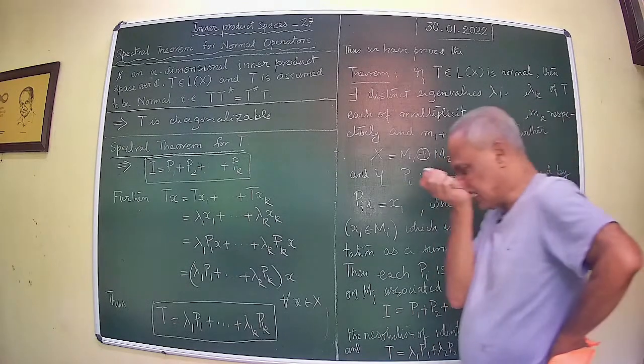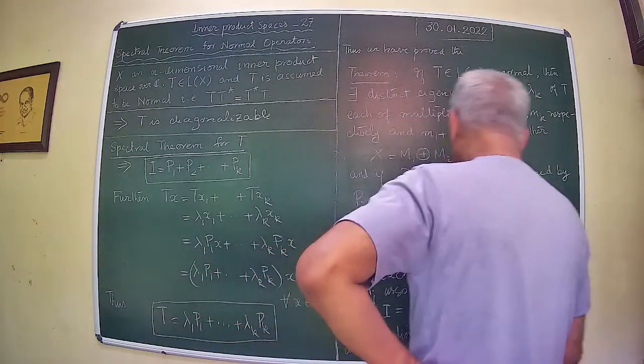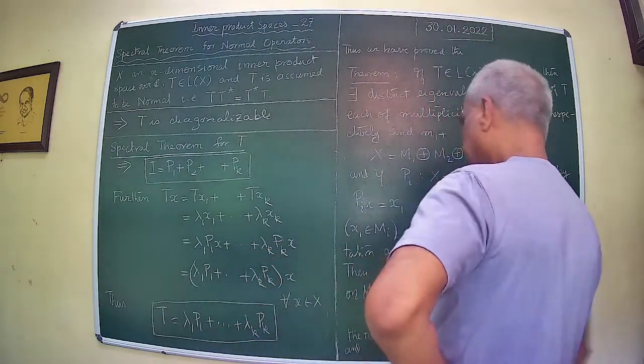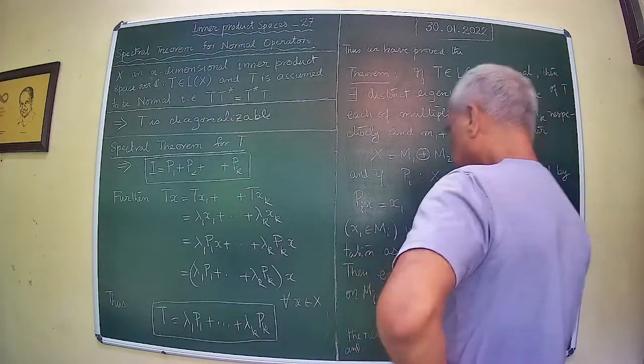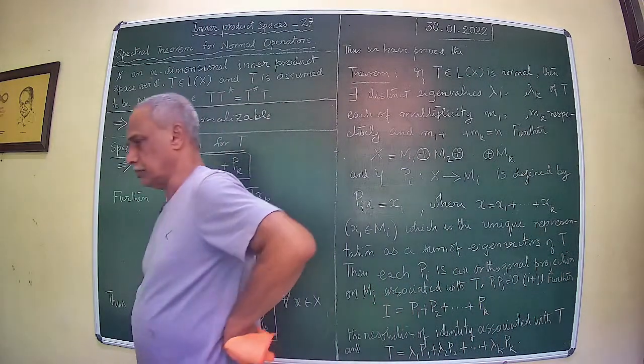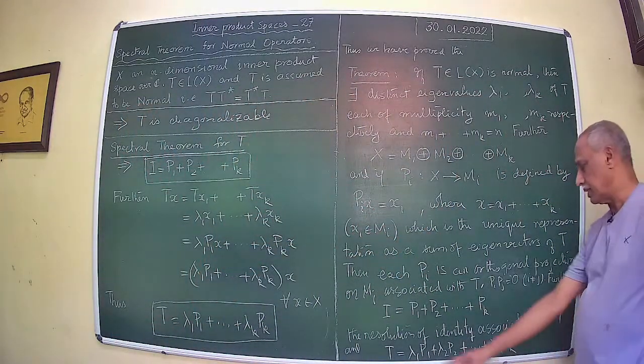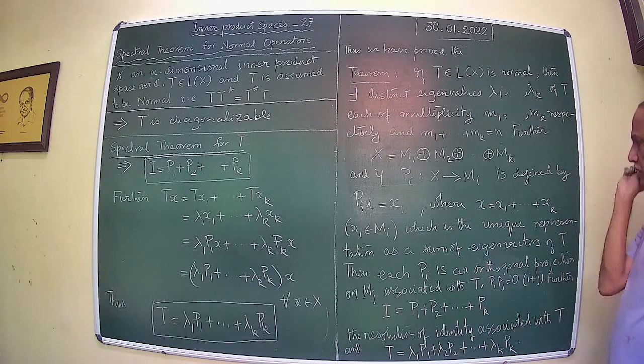That means given T there is a unique resolution of the identity given by I written as the sum of a set of orthogonal projection operators, and T can be written as a linear combination of these projection operators.